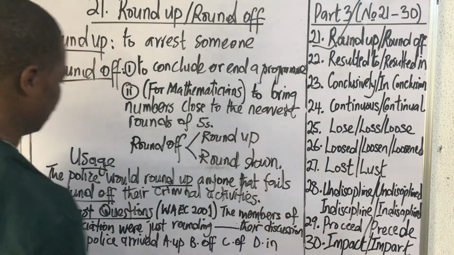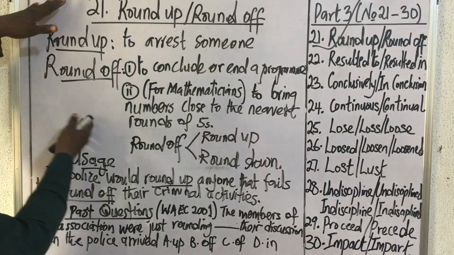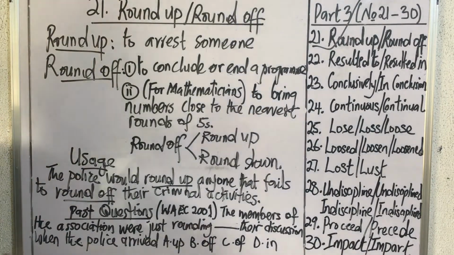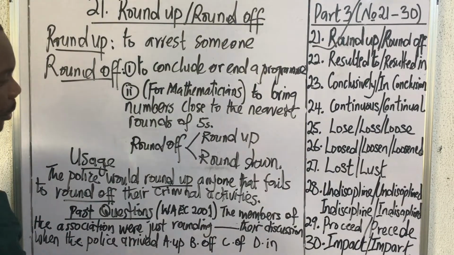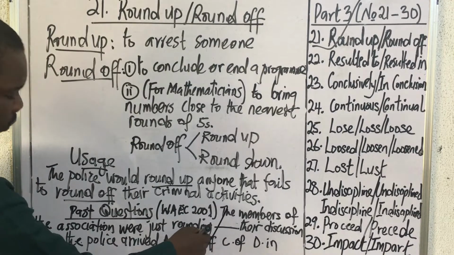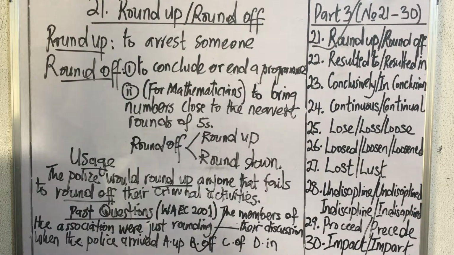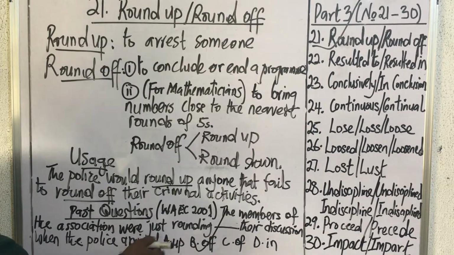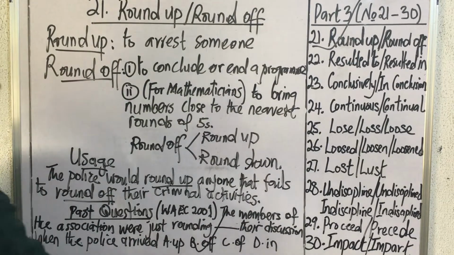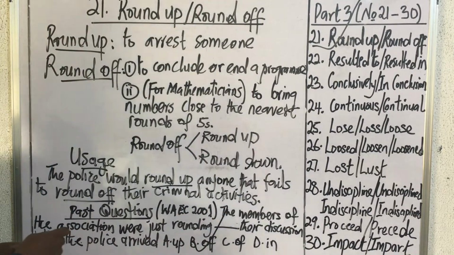Like we have explained, the members of the association were just rounding off. That was the correct option. It's not rounding up. They were rounding off their discussion, or concluding their discussion. So that is how to use round up and round off.